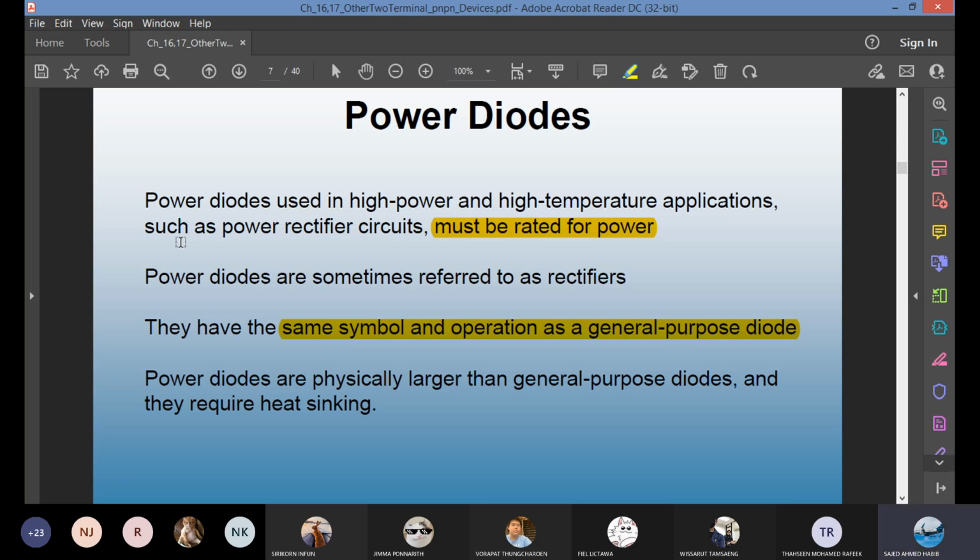What about the peak inverse voltage? Can someone guess what is the peak inverse voltage for a power diode? Or the reverse breakdown voltage, which will break it down and go to the Zener region. What can be a rating for PIV for a power diode?